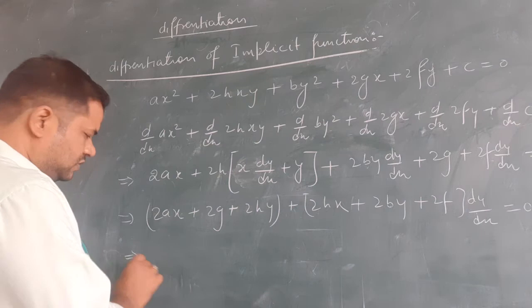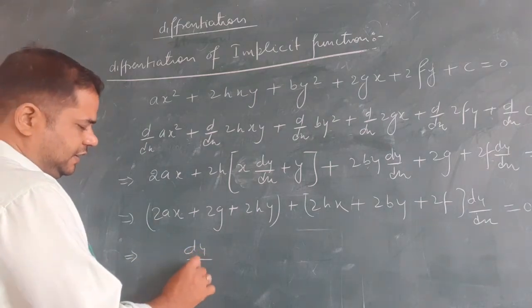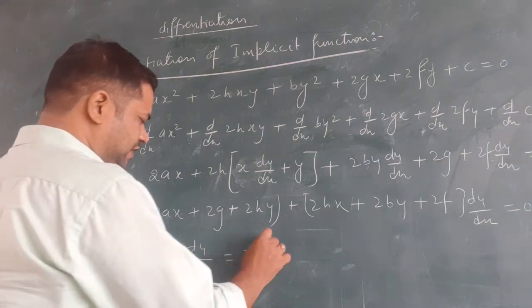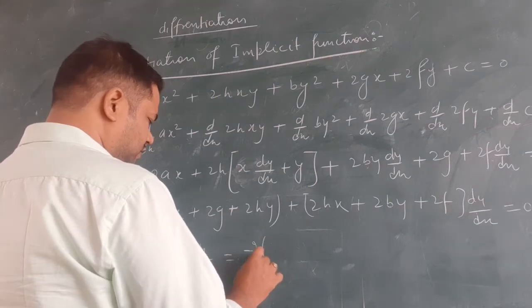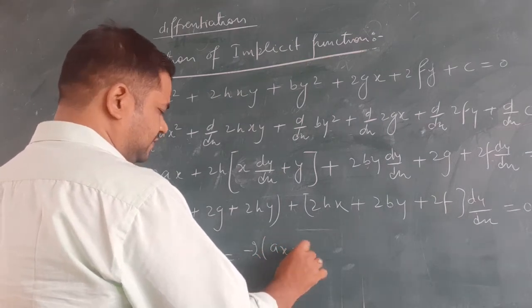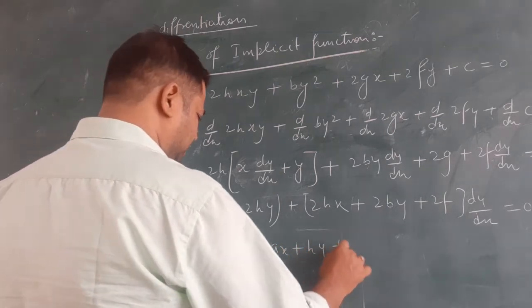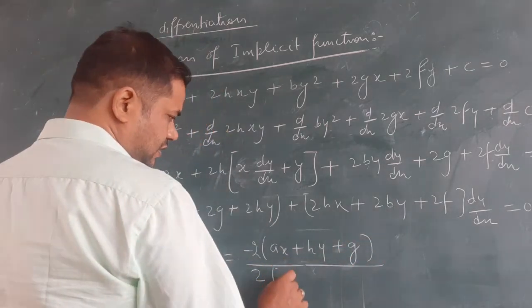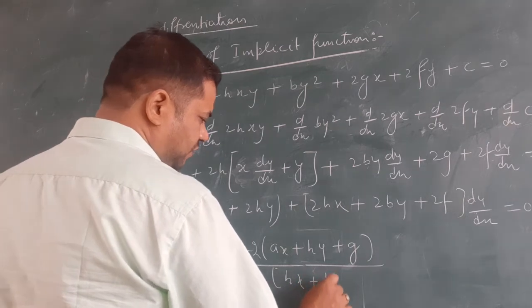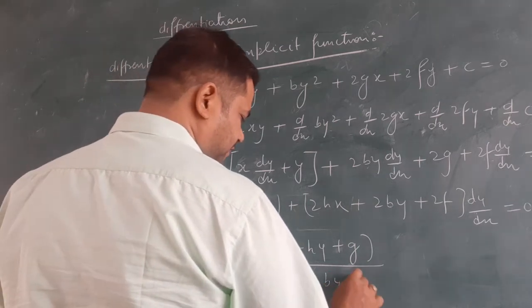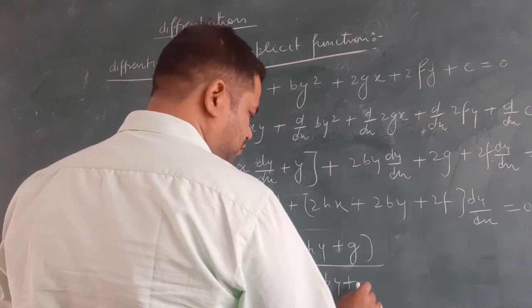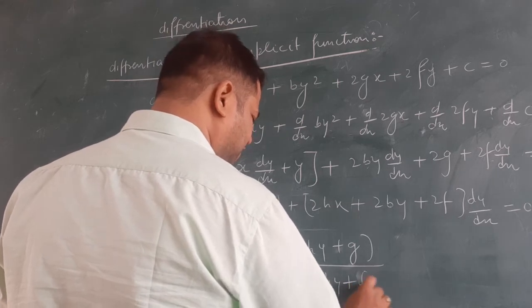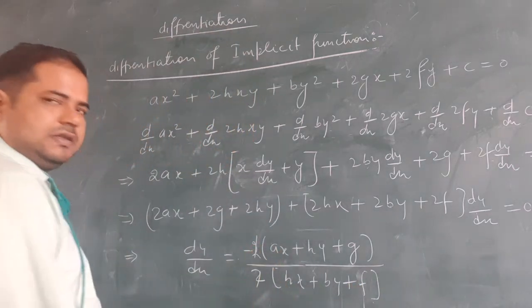So dy by dx is nothing but minus of 2(ax plus hy plus g) divided by 2(hx plus by plus f), that means 2 cancels.